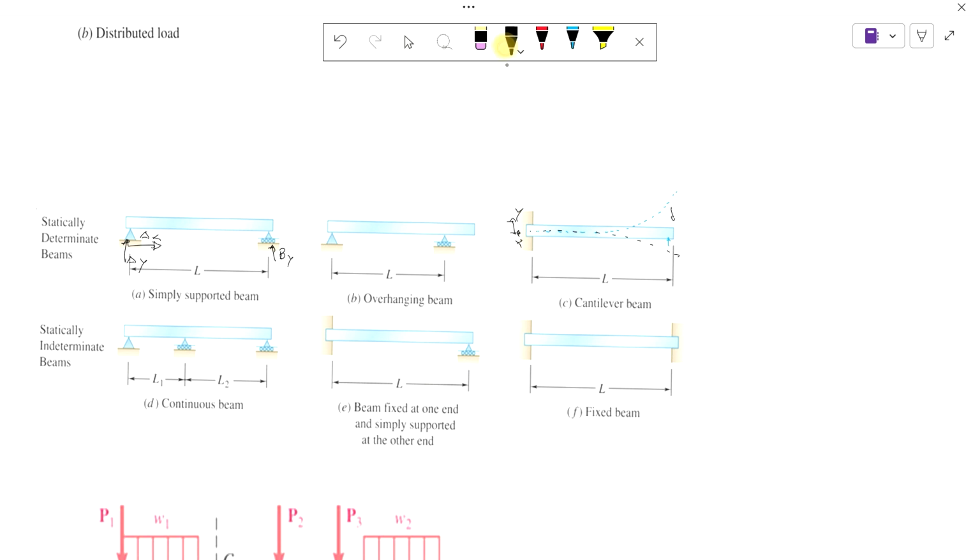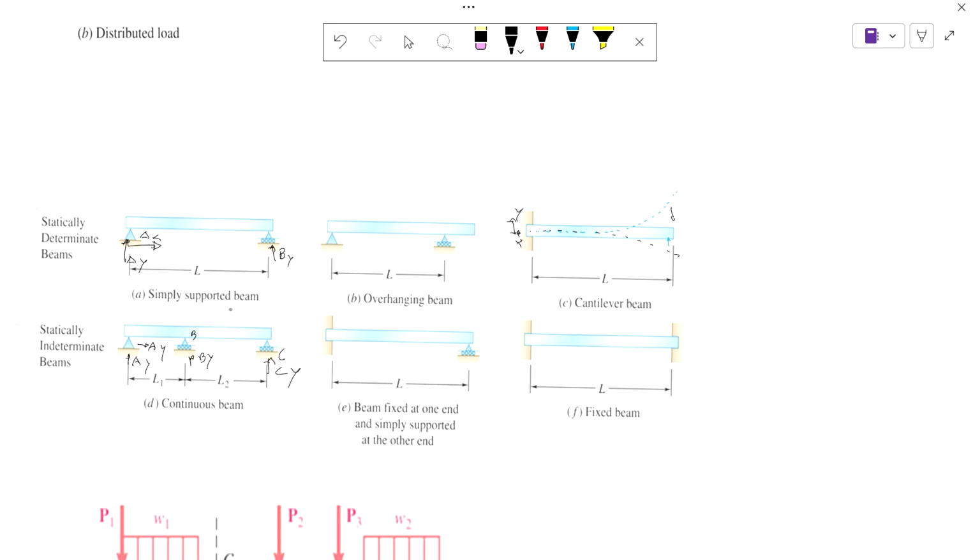Okay. Then we have indeterminate beams, because in this type of beam you have a force in Y here, a force in X here, and say this is point B. You have By, and this is point C, you have Cy. At this point, with the methods that we know how to use so far, we cannot determine the value of Cy, By and Ay.